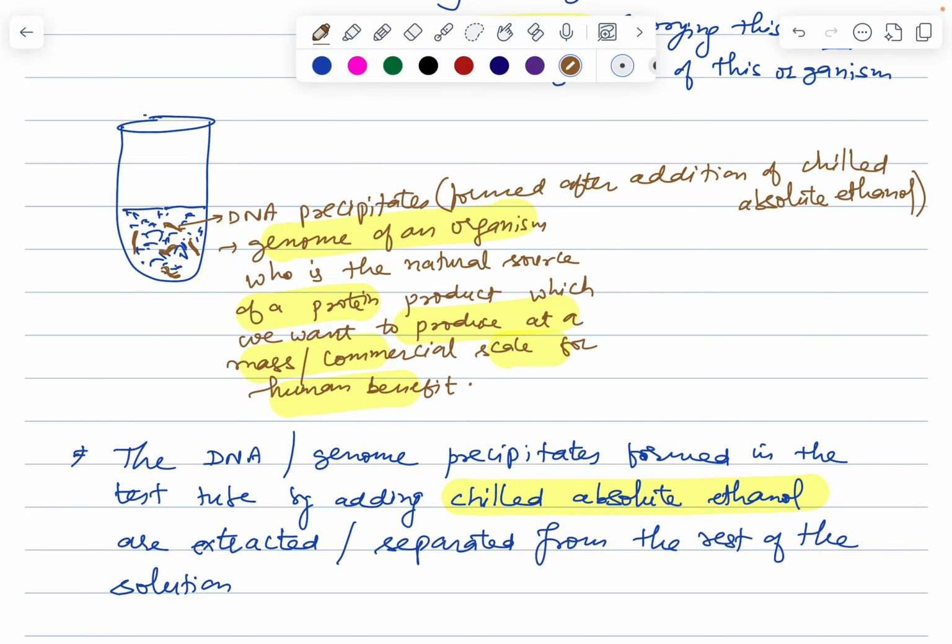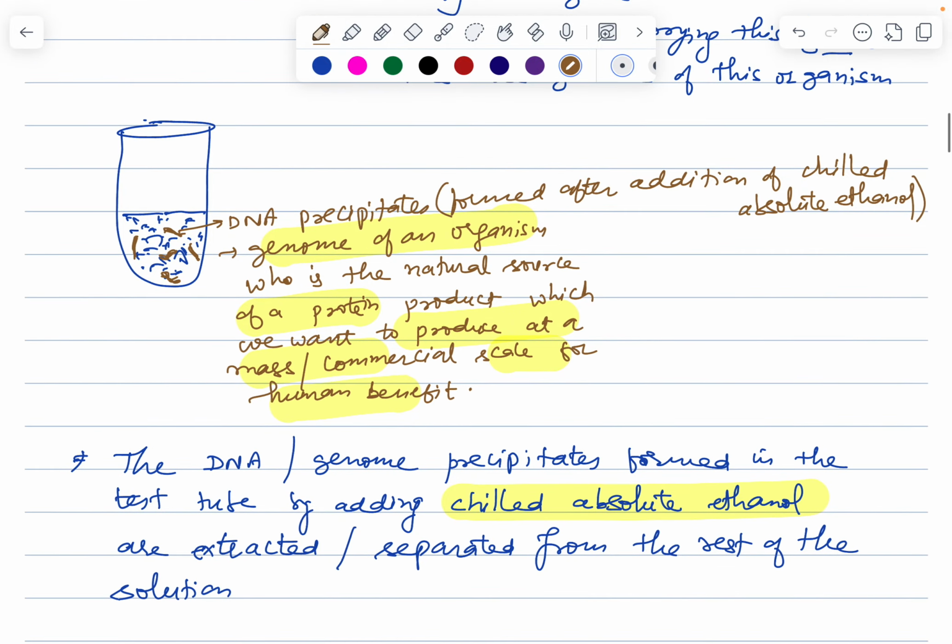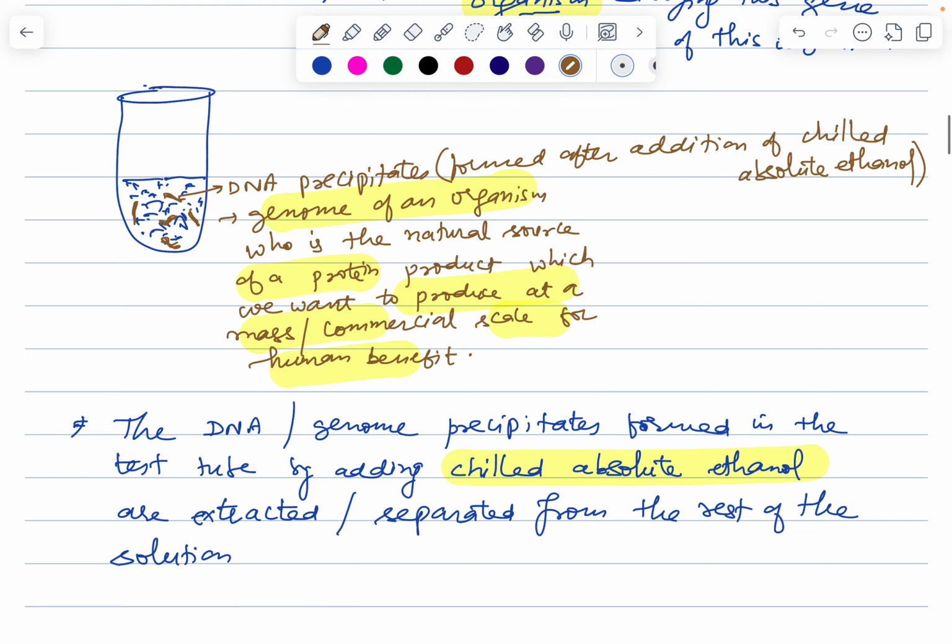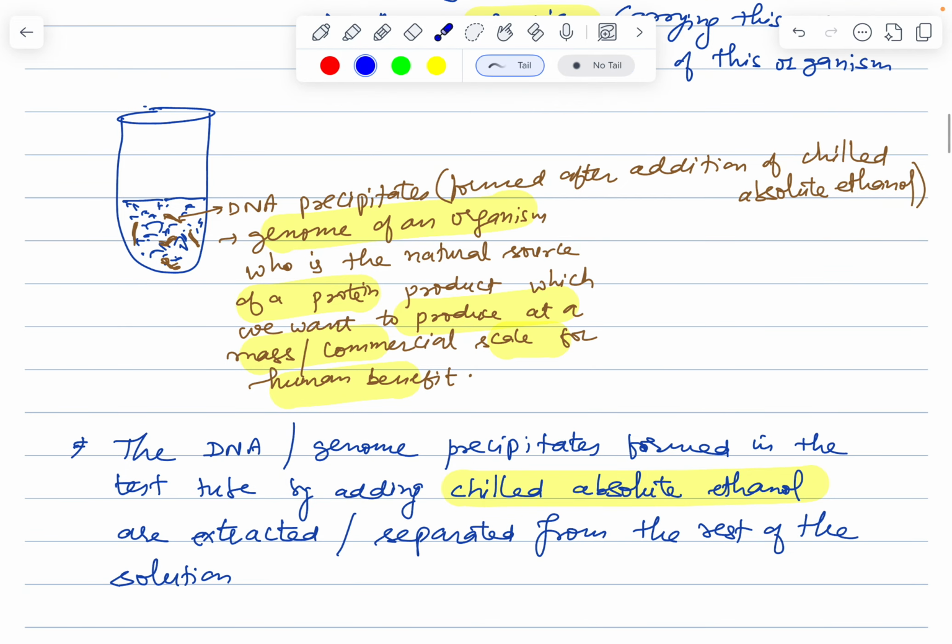So I need these precipitates from the rest of the solution. So how do I separate them? One method that I told you that day was, take a glass rod and put it in, and with the help of this glass rod, which may be having a hook like structure at the end, you can simply lift or pick out all the DNA fragments.